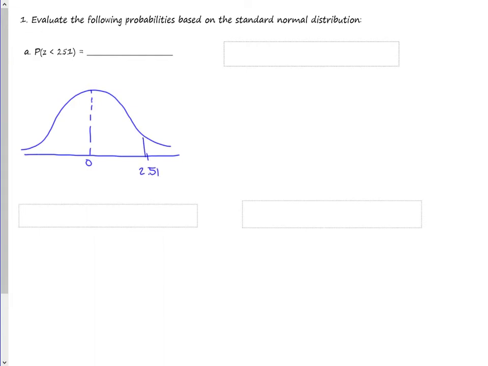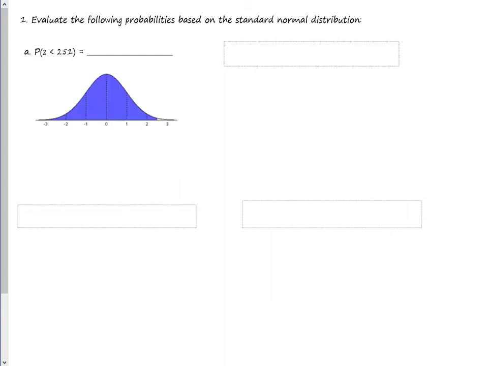So essentially, all the values that are less than 2.51, that's the total area that I want to find for this normal distribution curve. All right, now let me draw this a little bit nicer. Okay, so 2.51, you can see right here, halfway between 2 and 3 basically.